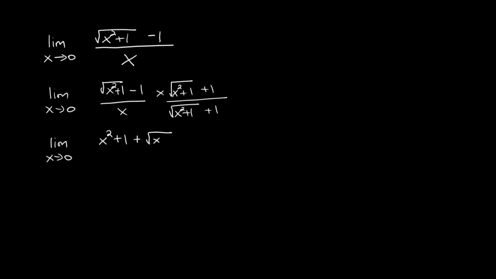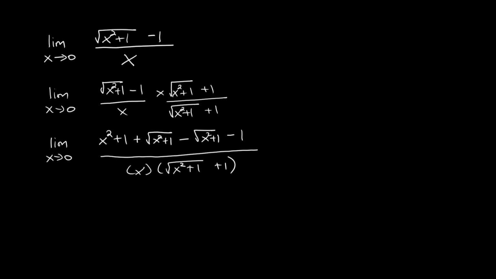So we'd have x squared plus 1 minus the root of x squared plus 1 plus the root of x squared plus 1 minus 1, divided by x multiplied by the root of x squared plus 1 plus 1. As we mentioned before, we do not FOIL our denominator, as this would make our lives much easier when solving the problem.